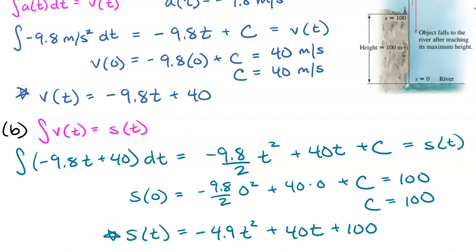And we have velocity and position. We can confirm this using derivatives. If we start with our position and take the derivative, we should get our velocity. If we don't, we have made a mathematical error and need to go find it.